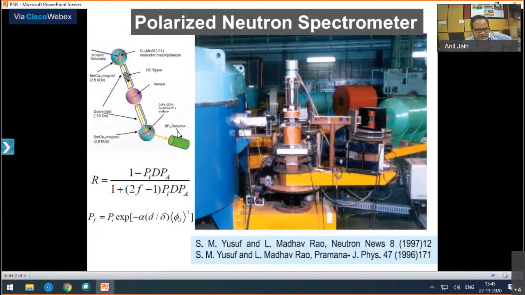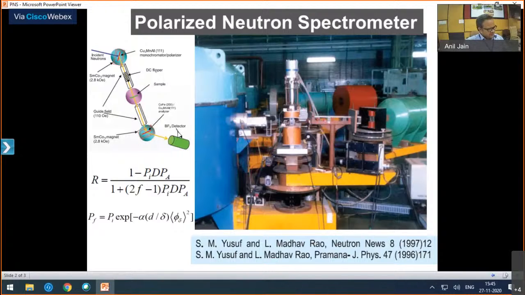So what kind of information can one get from the polarized neutron spectrometer? Generally, suppose you have a ferromagnet and suppose the magnetic intensity is very, very weak in comparison to the nuclear intensity.